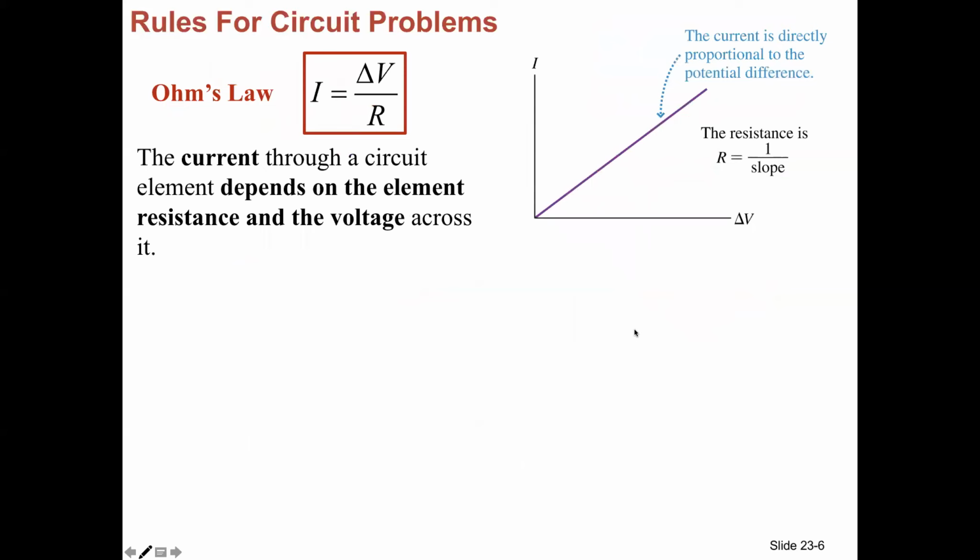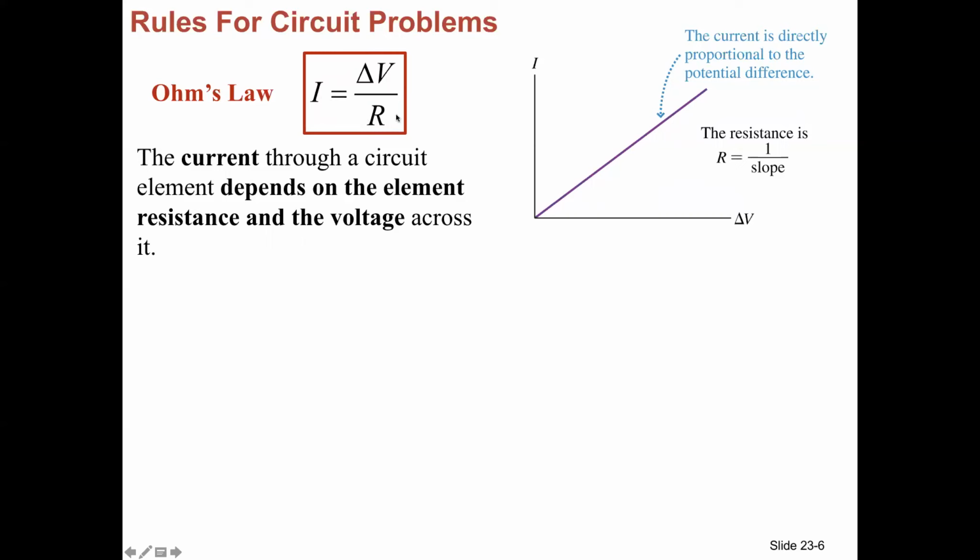Rule number 3 is Ohm's law, which we talked about on Friday: the current through a resistor is proportional to the change in potential energy or voltage across the resistor, and inversely proportional to the resistance.